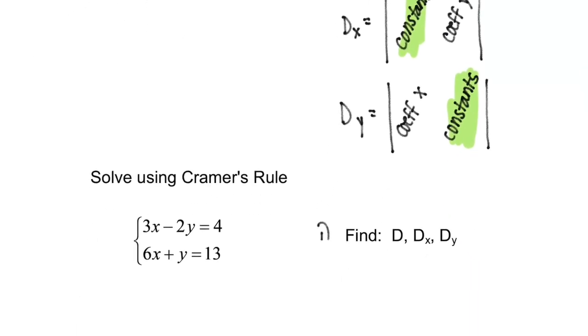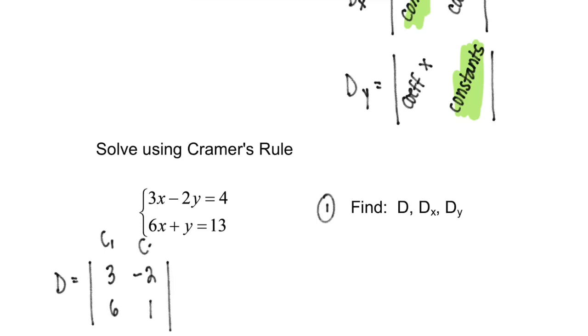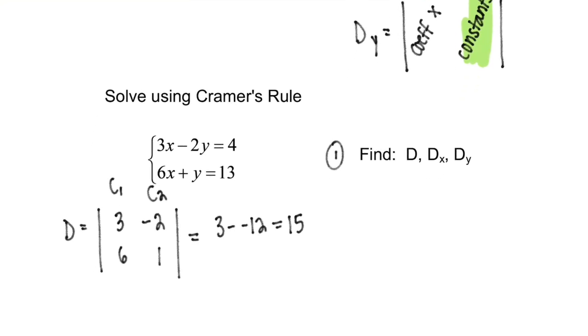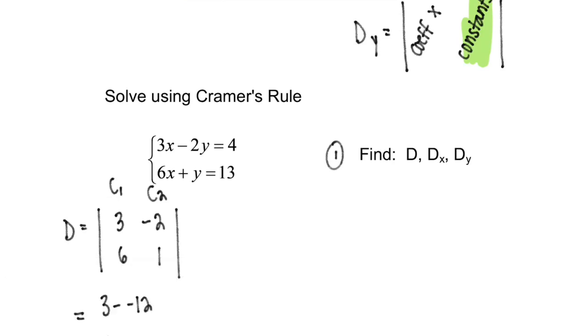First step is find the determinant, the determinant of x, and the determinant of y. So the determinant is equal to coefficients of x in column 1, coefficients of y in column 2. 3 minus negative 12 is 15. I'm going to move this down here, and that's the determinant.